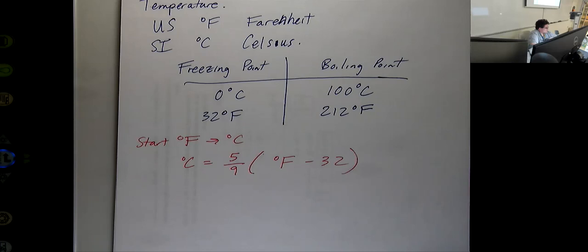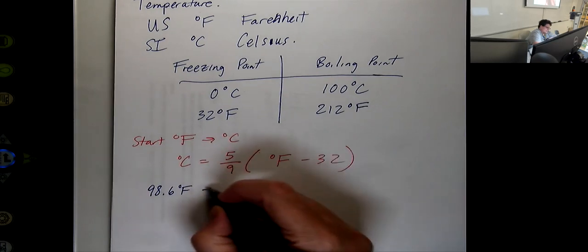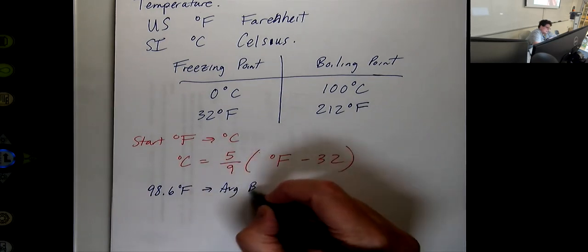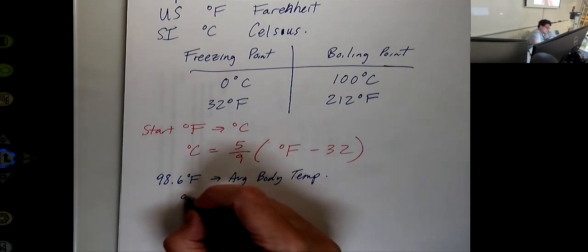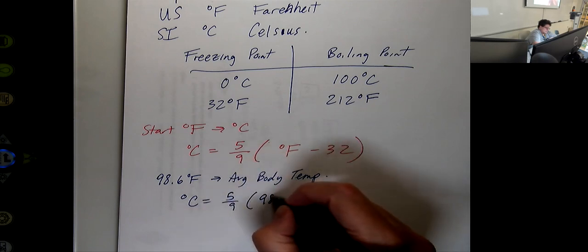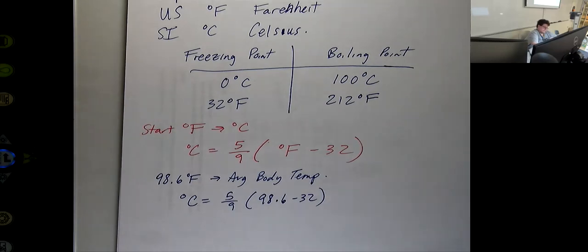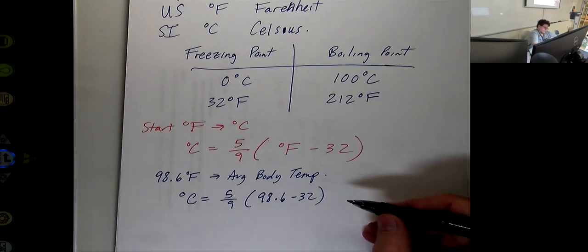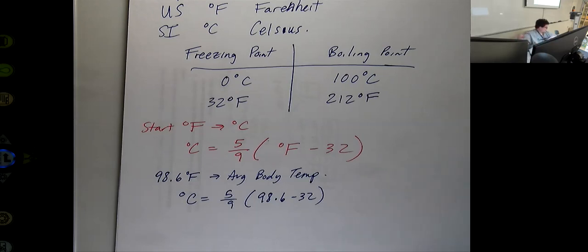98.6 degrees Fahrenheit is the average body temperature. Let's see what it is in Celsius. In Celsius, it's 5/9 times 98.6 minus 32. So I'm going to do 98.6 minus 32 first.